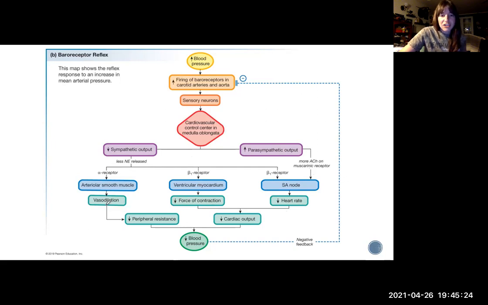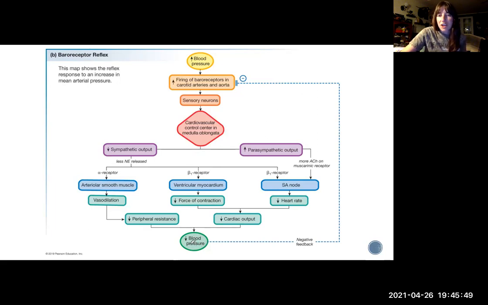So the force of contraction is going to go down, the heart rate is going to go down, vasodilation will go up. Therefore, total peripheral resistance will go down because the vessels are now wider, larger diameter, right? Cardiac output will go down because the heart rate is slowing, and blood pressure will go down.